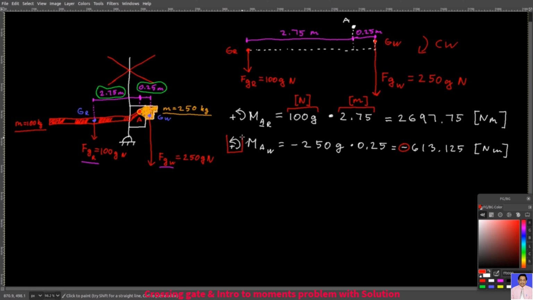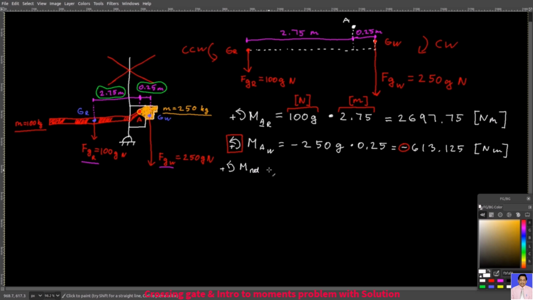So what I put here is just by default. By default, a moment is positive when it's counterclockwise. But if in reality your moment is clockwise, then it's negative. And of course, in the first case, you have a positive moment because due to the crossing gate, it's counterclockwise.